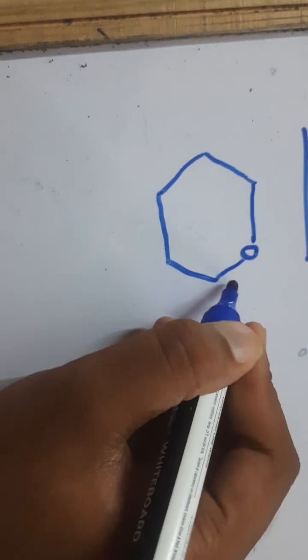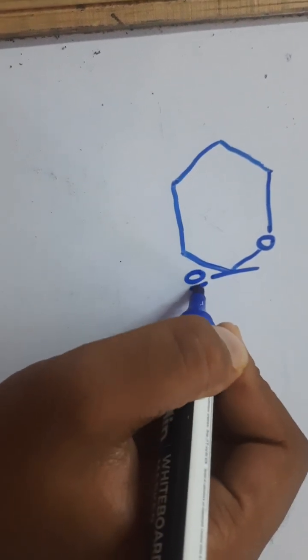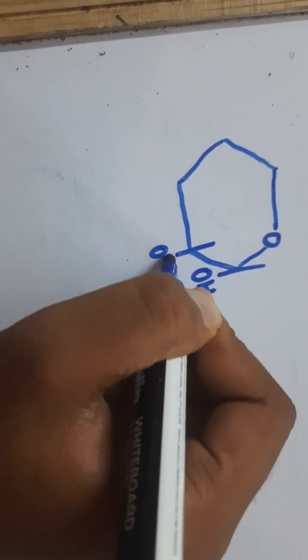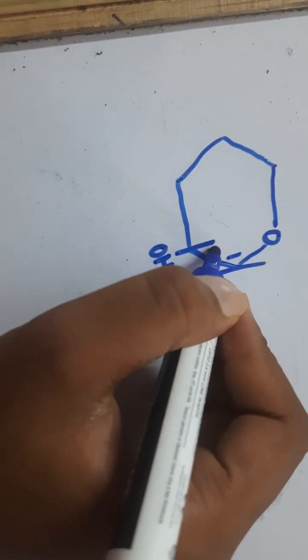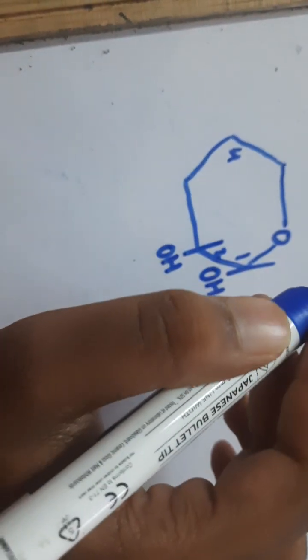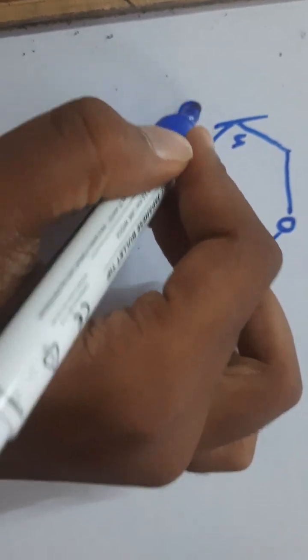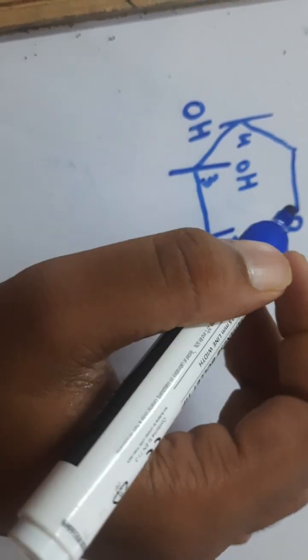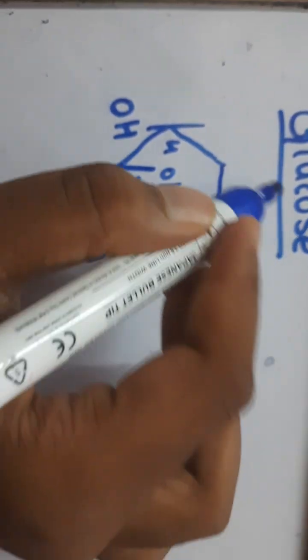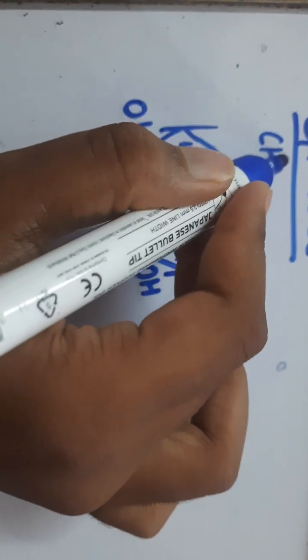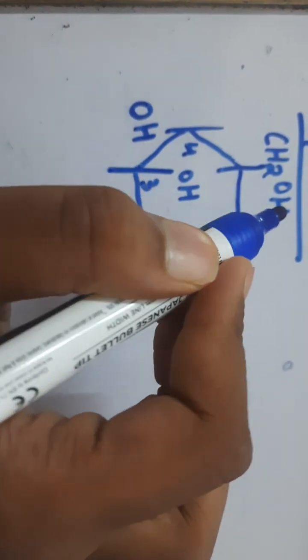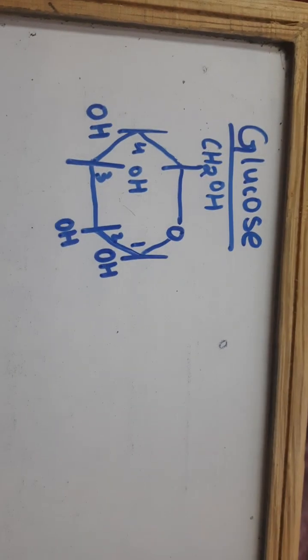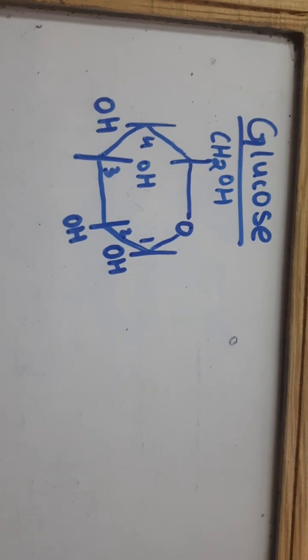And at each and every corner, just write OH. For the first, second, and fourth carbon, we can write OH downwards. But for the third carbon, we have to write it upwards because of the structure. Then here there is CH2OH. Okay, so this is glucose.